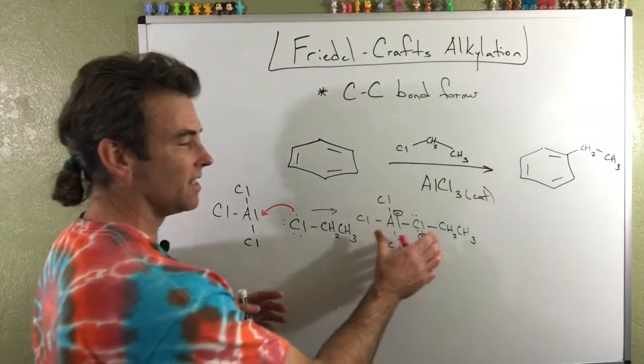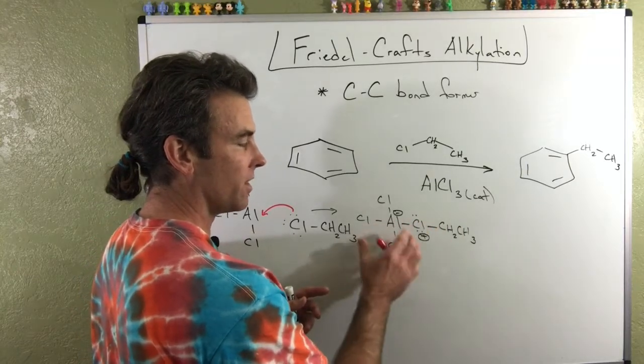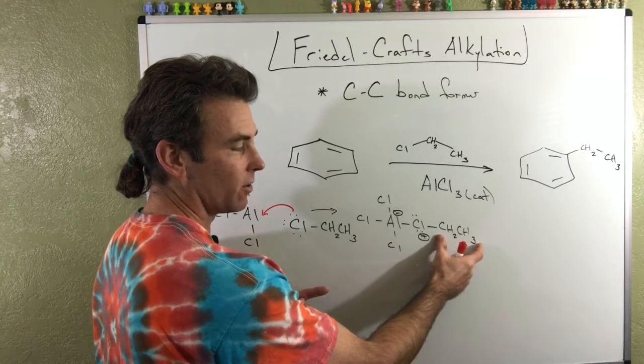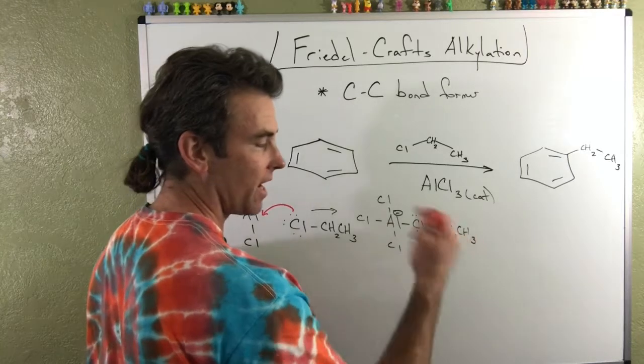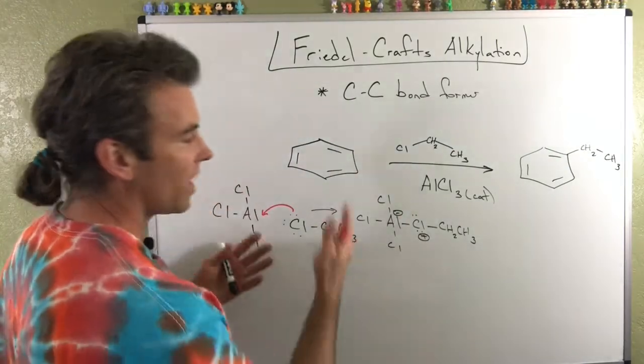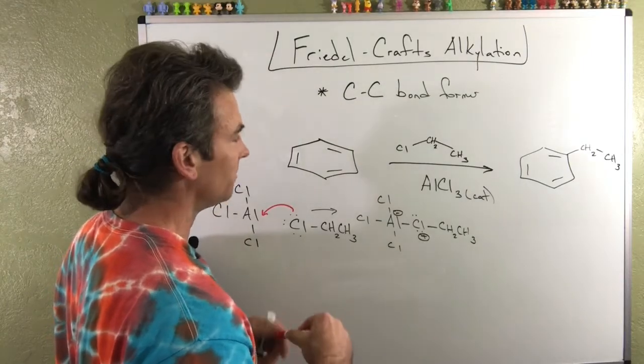Really, you can almost think of this as in an equilibrium with the aluminum tetrachloride, and this thing very closely associated with it as a positively charged cation. But either way, showing it like this is not going to be that big of a deal.